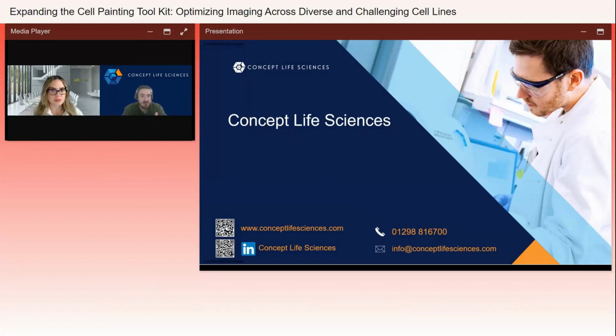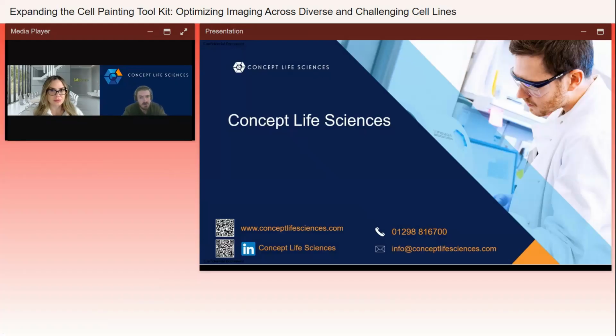And this is where having the robust reference controls on the plates come in. You need to have those known phenotypes. You need to have those known mechanism of actions to really consistently say that you have got a true signal that you can identify.